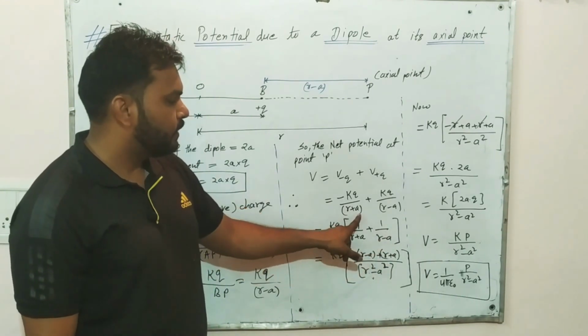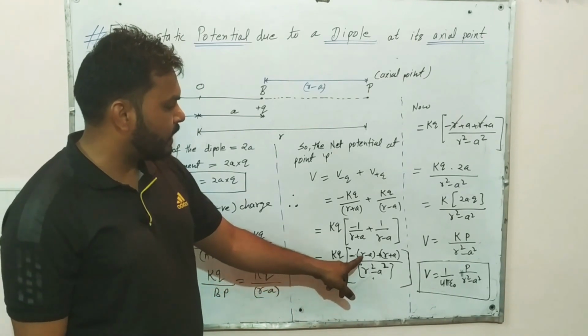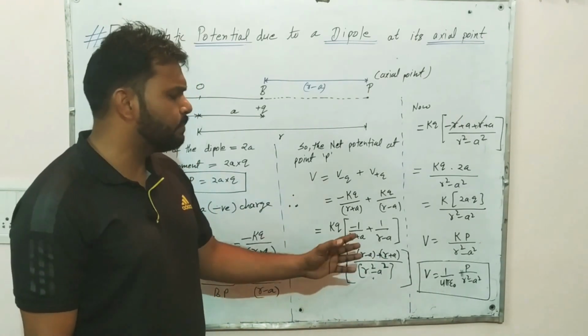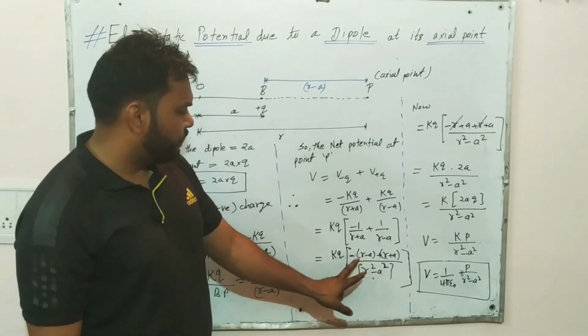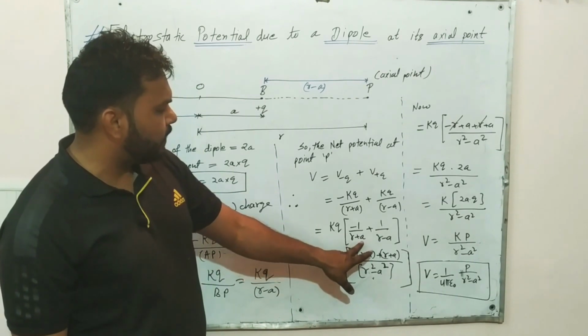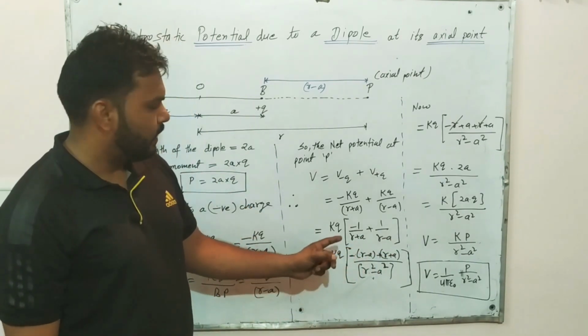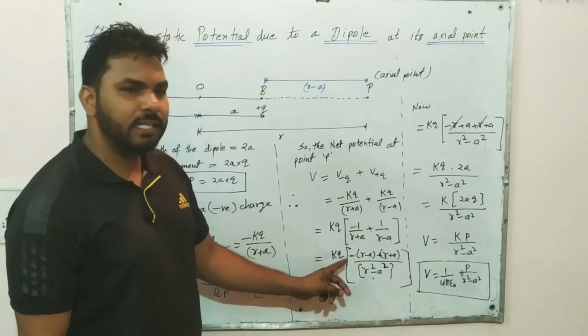This goes up and that goes there. So we have minus r minus a plus r plus a. It's very simple mathematics. In the denominator we have r plus a and r minus a. It's an algebraic identity: a plus b times a minus b is a square minus b square.